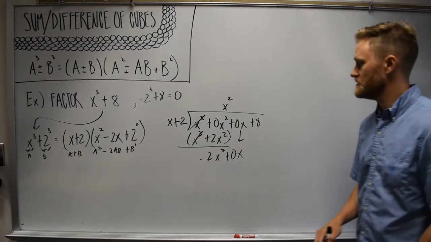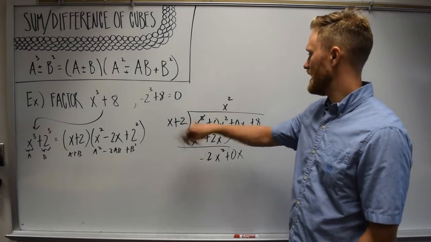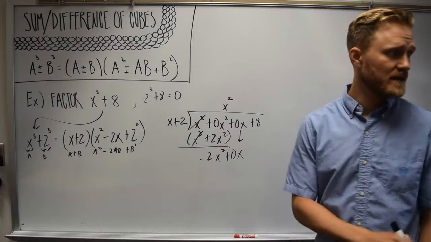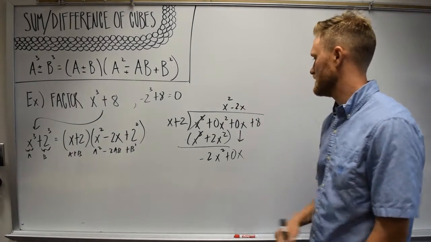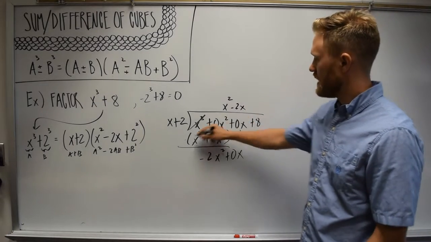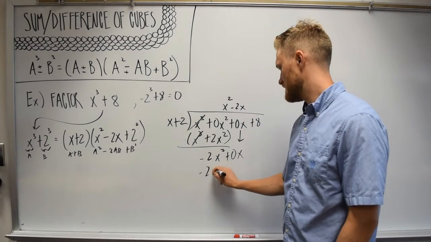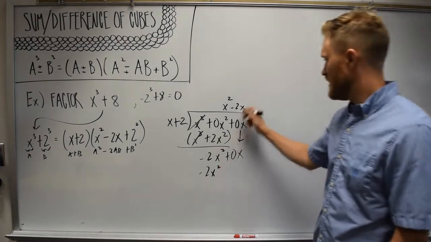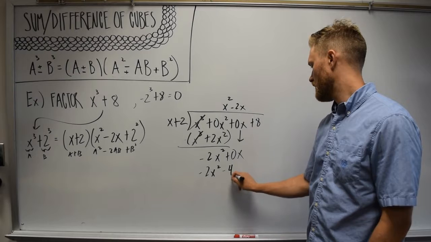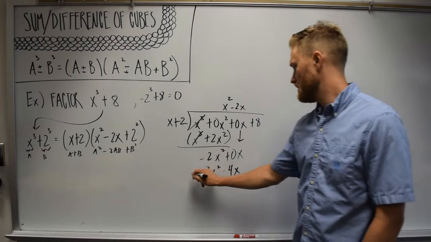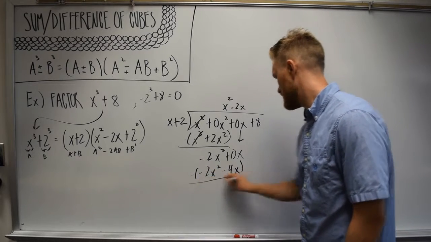So we ask ourselves, what do we have to multiply x by to get negative 2x squared? And the answer is negative 2x. Negative 2x times x, negative 2x squared. Negative 2x times 2, negative 4x. And then we're going to subtract this.